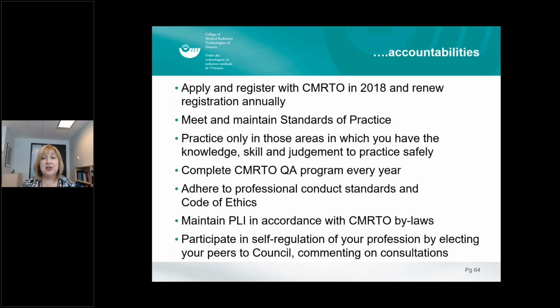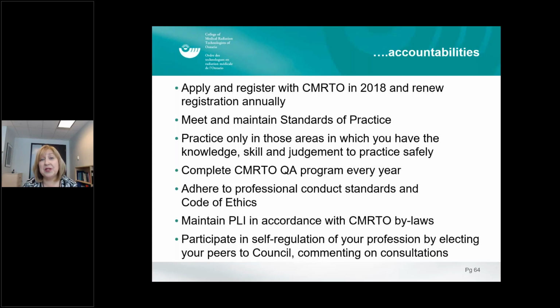And then after that, you'll need to renew your registration annually. You need to meet and maintain the standards of practice. Practice only in those areas in which you have the knowledge, skill, and judgment to practice safely. Complete our QA program every year, and we will be having future information sessions about the QA program because I know there's lots of questions about that.